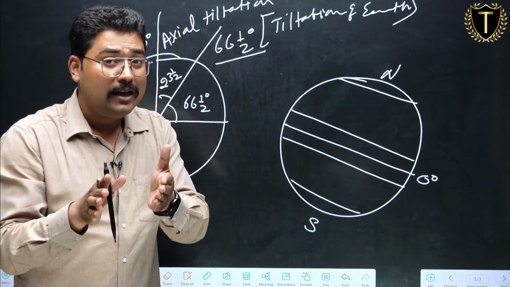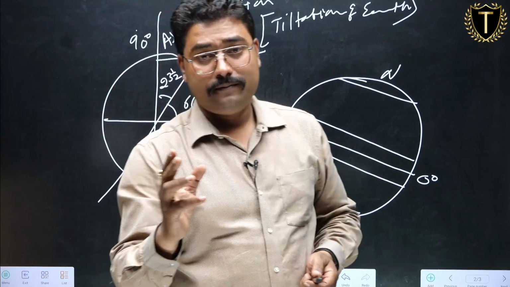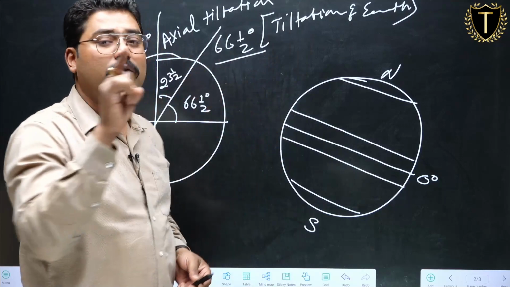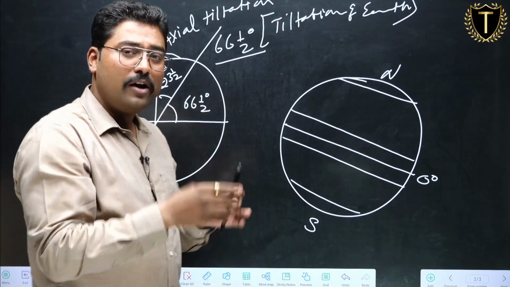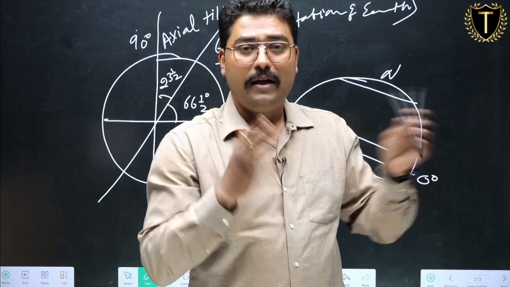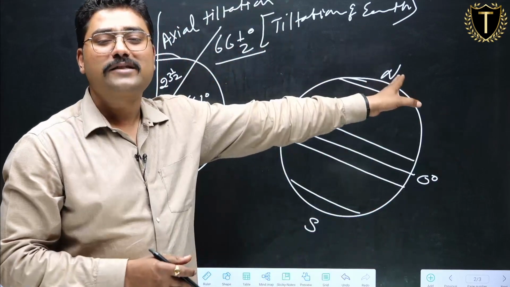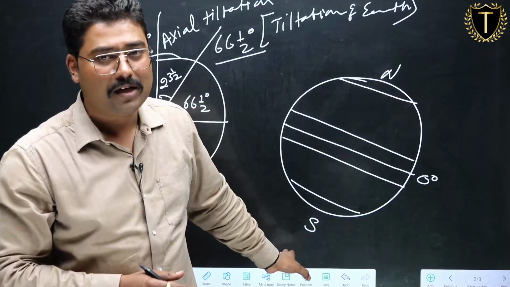Simply we can say the length of day and night is governed only by the tiltation of Earth, either this way or this way. Means one time the northern hemisphere is going to face the Sun, and one time the southern hemisphere.